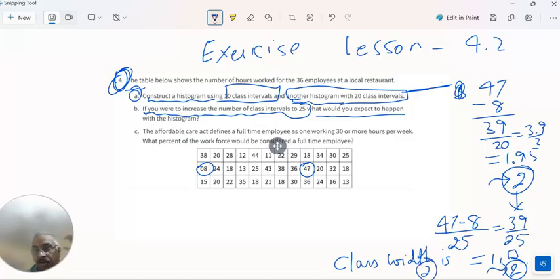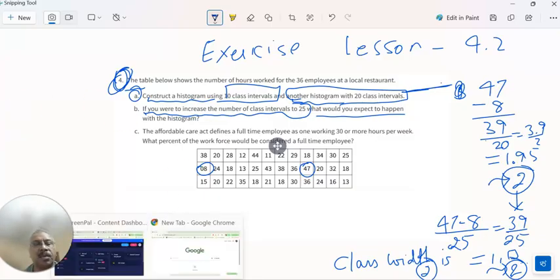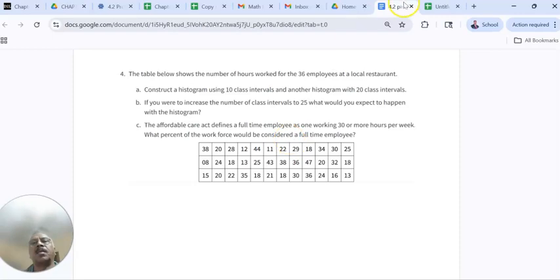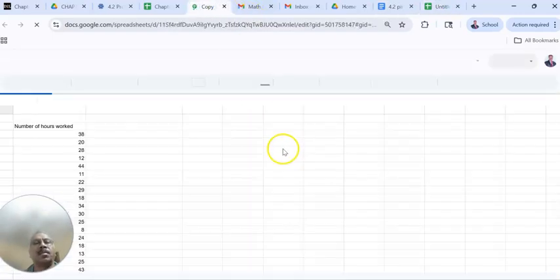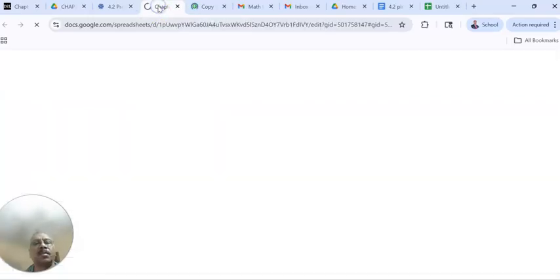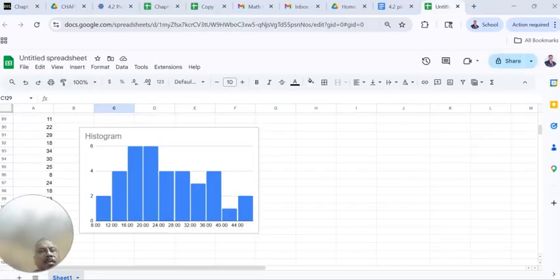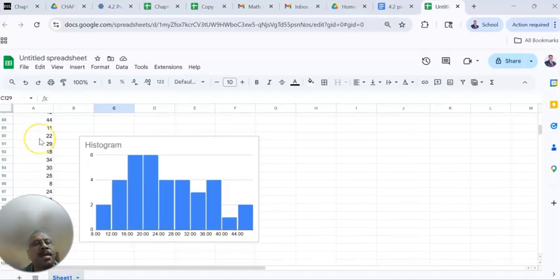Let's go directly to the digital and see what happens. So here is the data that you see.